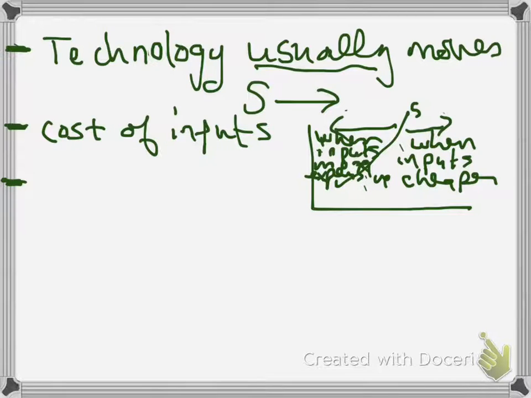If the union got the increased contract, then the labor is more expensive. So we should expect that supply would move to the left. Okay? Oh, and that would work for McDonald's too, wouldn't it? If McDonald's has to pay $15 an hour to its basic employee, at all prices they're going to be able to provide fewer burgers.